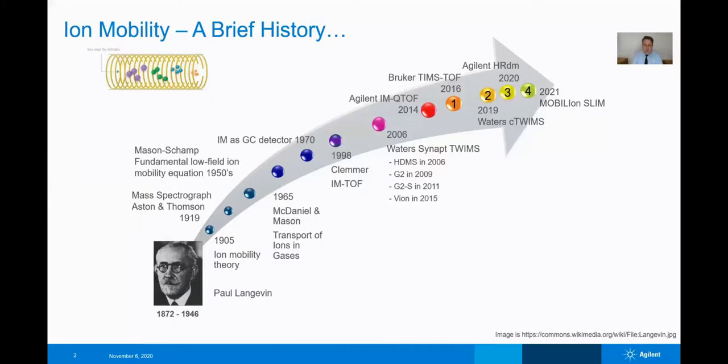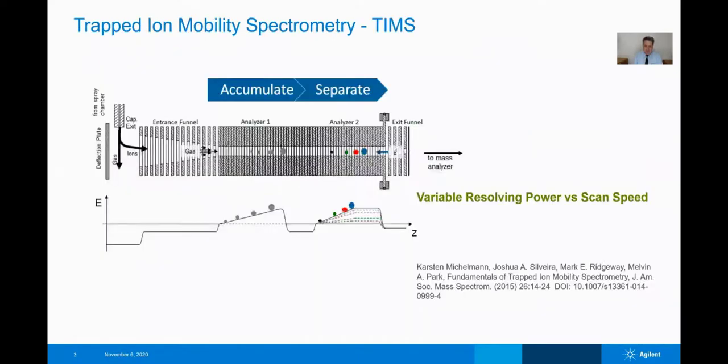When we look at the history of ion mobility, we realize it goes back over 100 years, but it's really only been the last 15 years that ion mobility has been effectively coupled to mass spectrometry for analytical analysis. Today, I'd like to focus on these numbers 1, 2, 3, and 4, which are various mechanisms by which ion mobility resolving power can be enhanced. Let's begin with trapped ion mobility mass spectrometry.